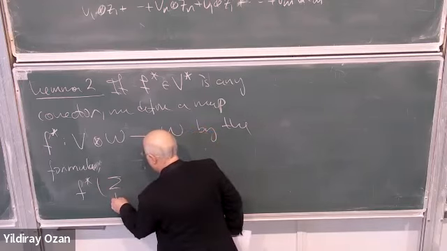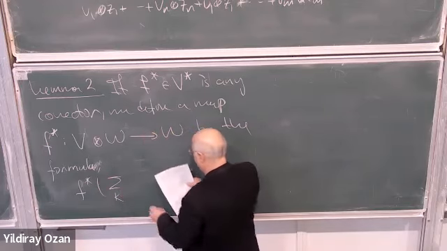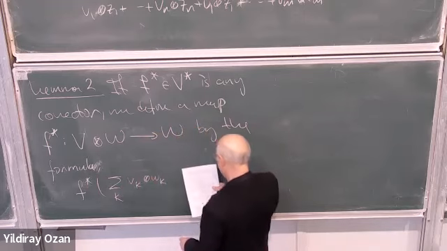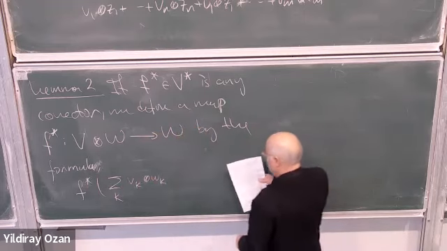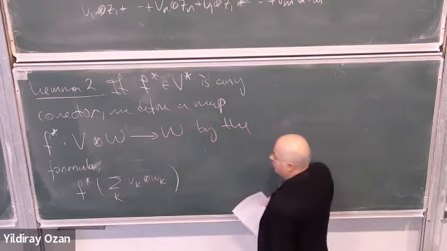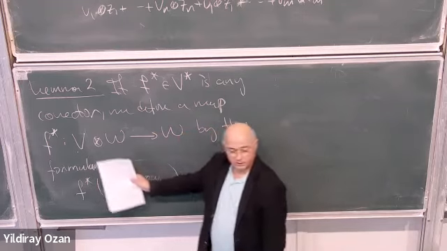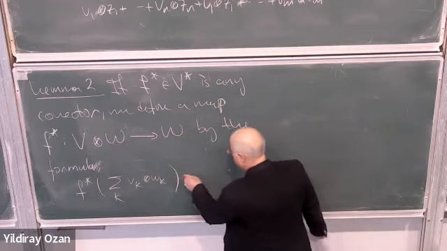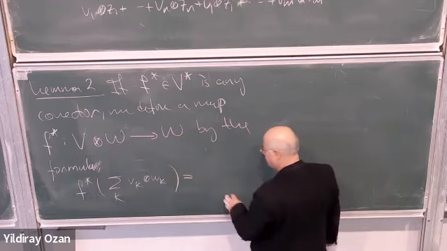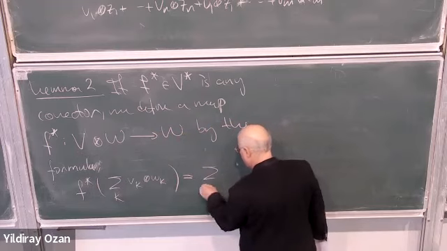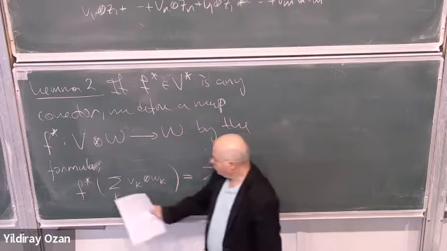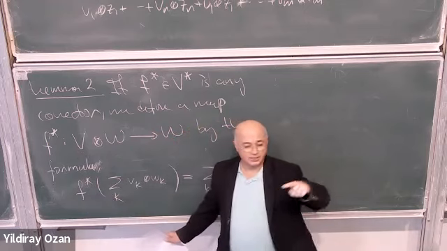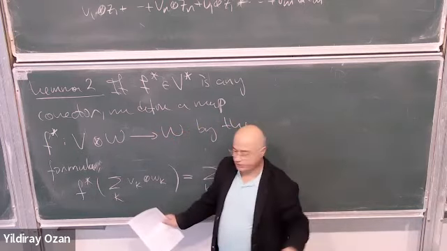If I apply it to any element of this type, v_k tensor w_k, where v_k is an element here and w_k is an element here, then the value is defined as follows. F star is a dual element, which means it eats vectors and gives us scalars, right?